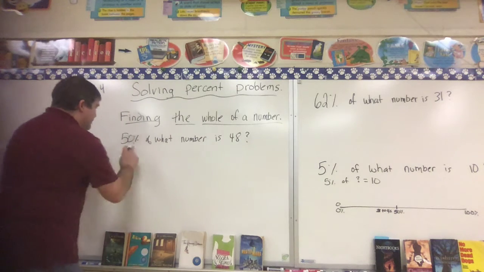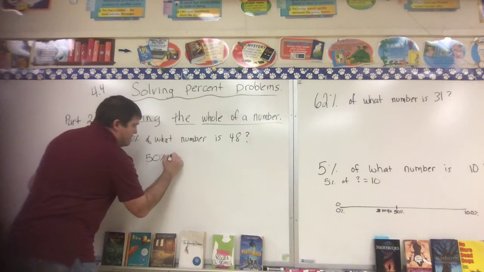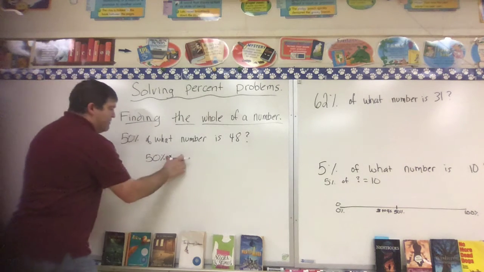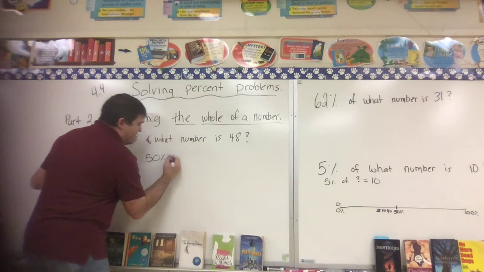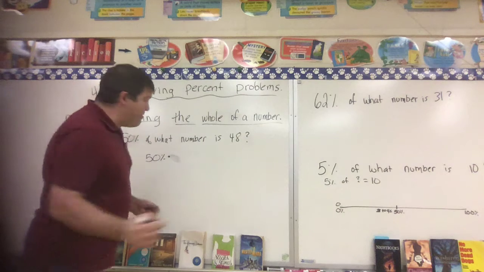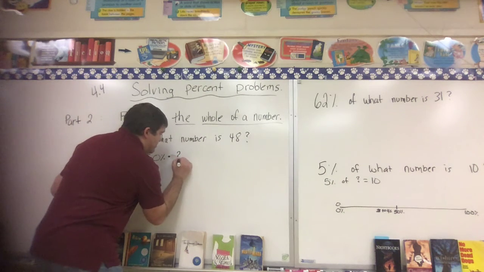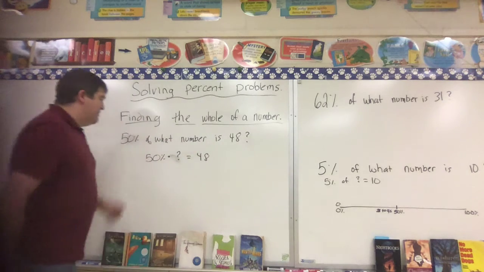Put it like that. Okay, so 50% of is times, and I'm going to just use a dot for that, because in algebra you always use a dot. And then what number? That's what I don't know. So that's my question mark, is equals 48.